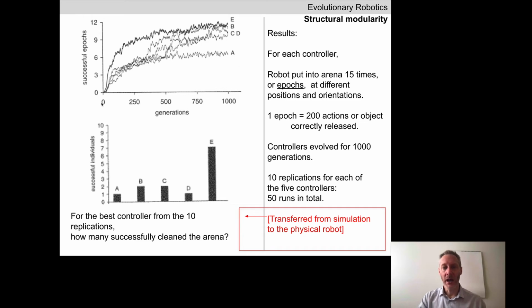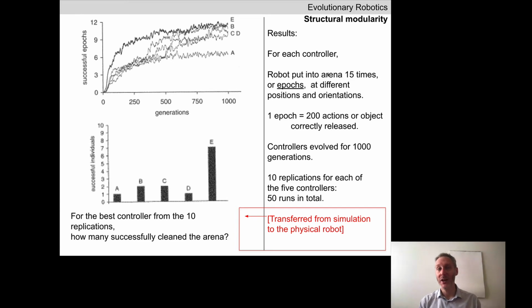Okay, so here's evolutionary time measured in number of generations on the horizontal axis. And on the vertical axis here, they're not reporting fitness. We haven't talked about the fitness function, but let's talk about what the robot actually does. For each neural network controller, we're going to take the robot and put it into the arena 15 separate times.